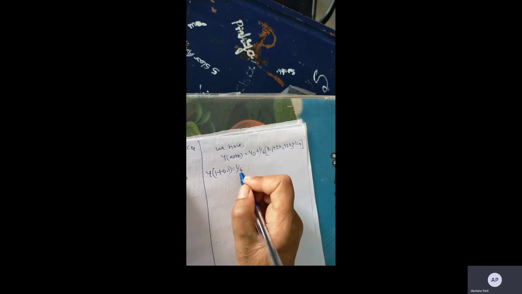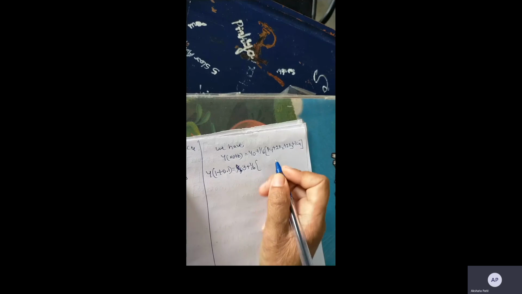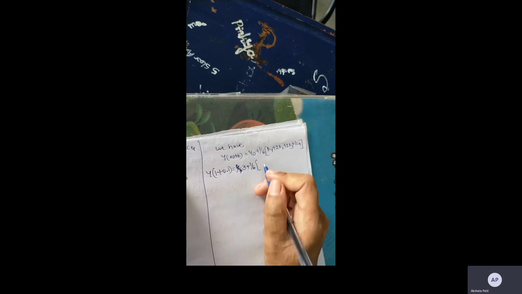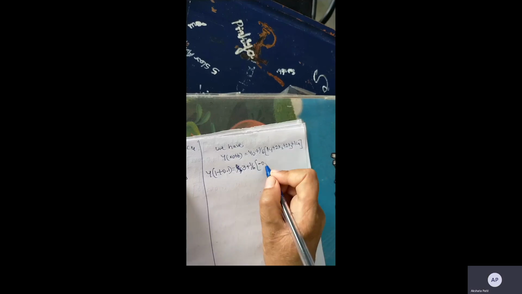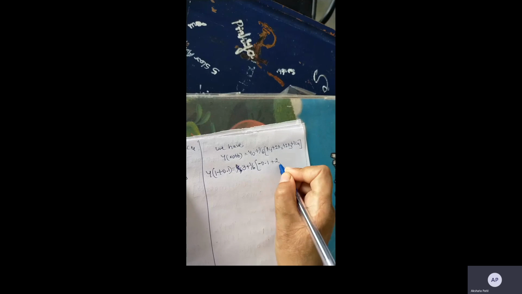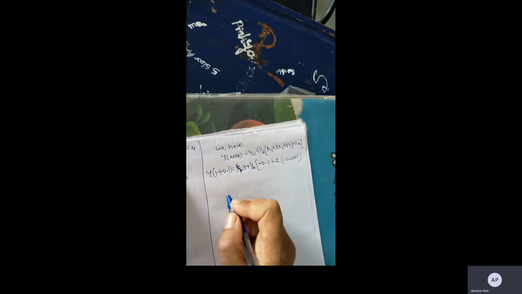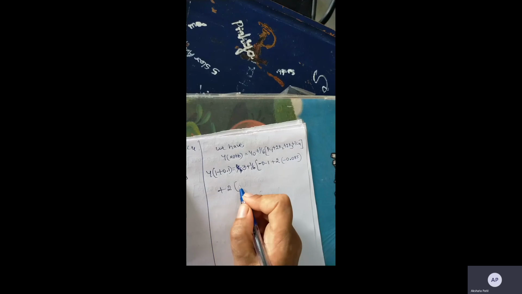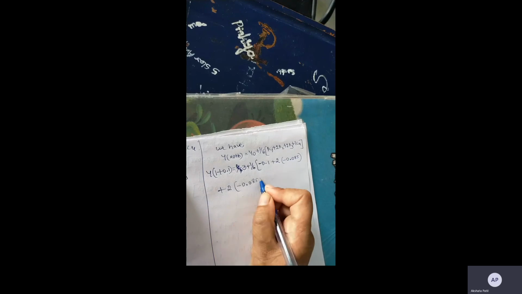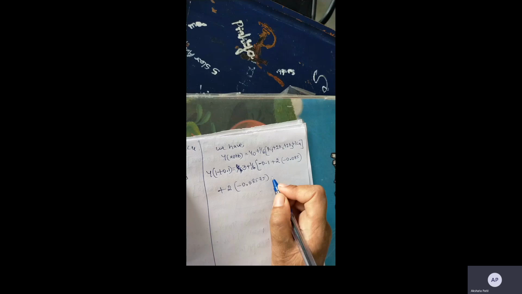First write it down: y naught value, y naught is 3, plus 1 by 6 into k1 value minus 0.1 plus 2 into k2 minus 0.085 plus 2 into k3 value minus 0.08575 and k4 value is minus 0.071425.